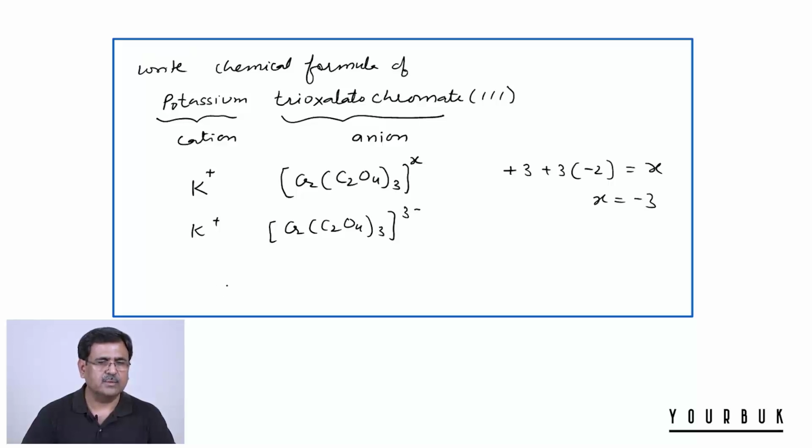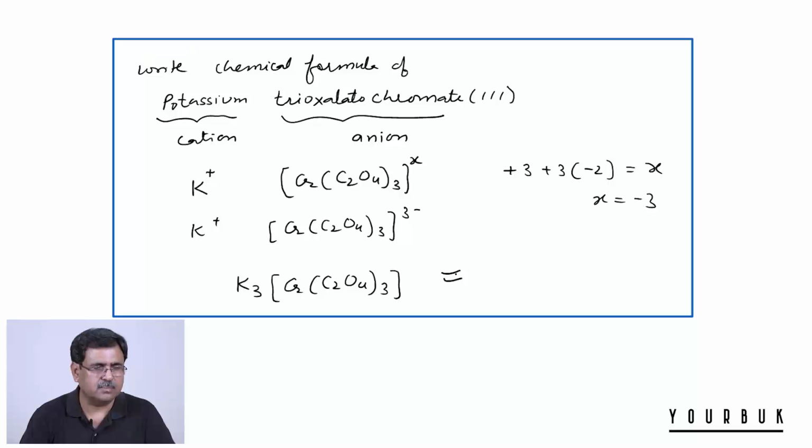So the final chemical formula of this coordination compound is K3 Cr C2O4 whole thrice.